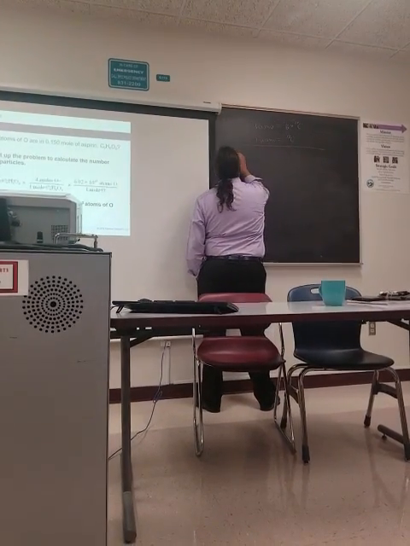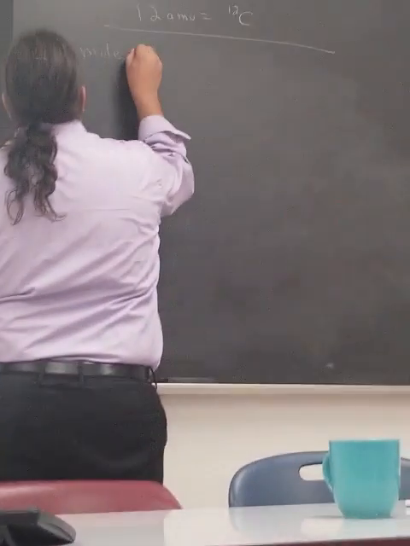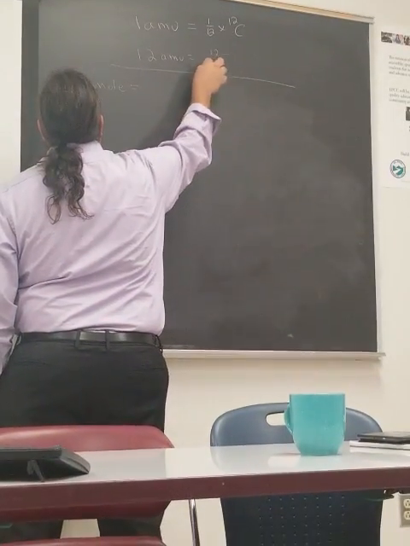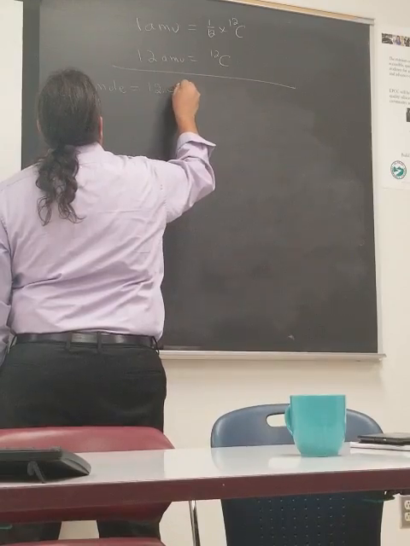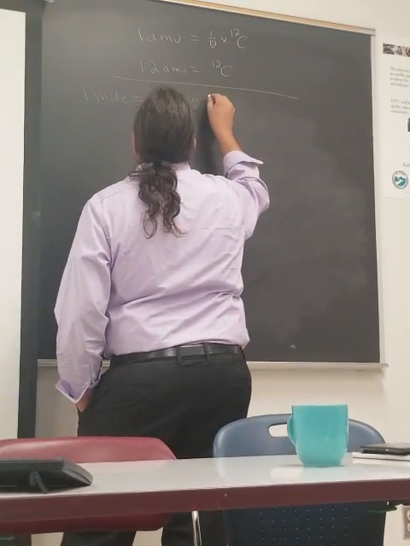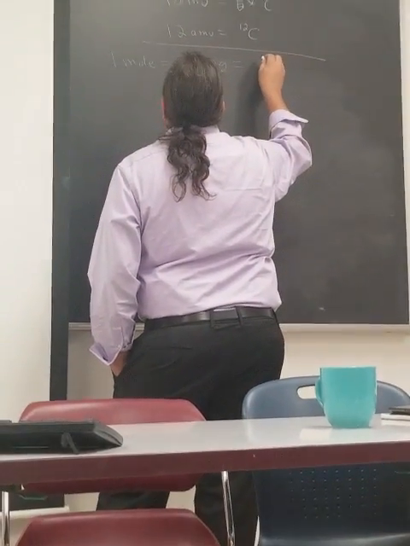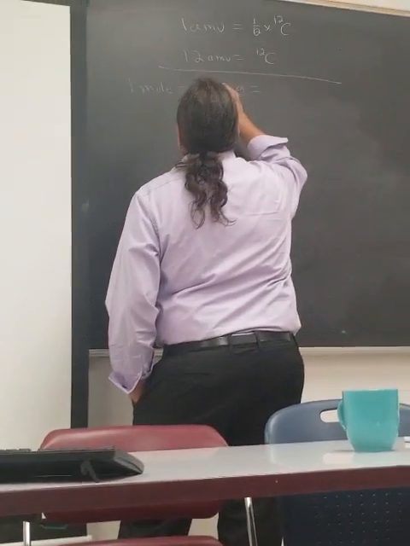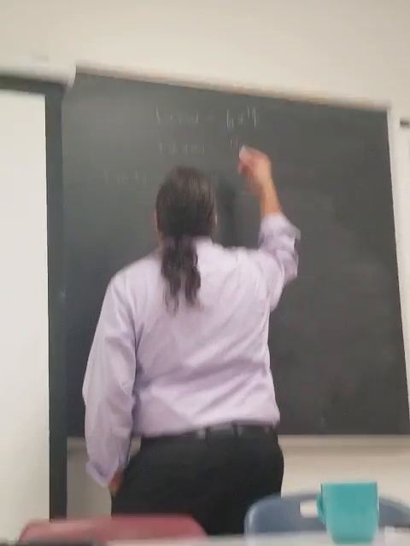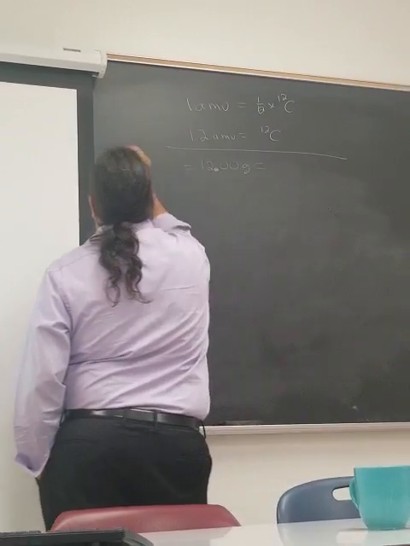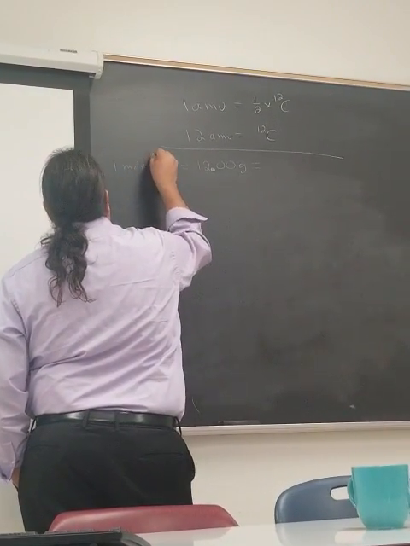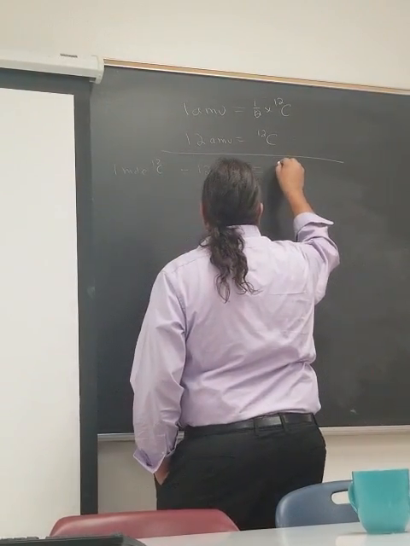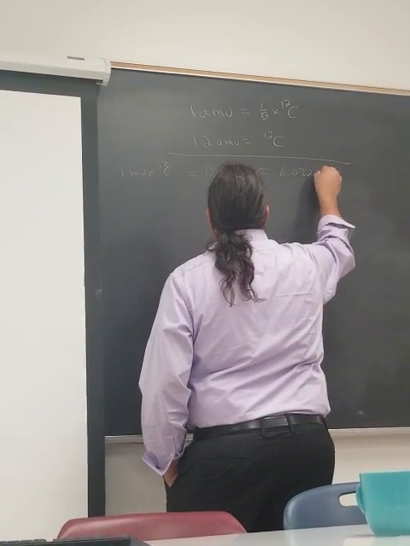And then we defined a mole as the amount of particles of carbon-12 present in 12 grams of carbon-12. And then when those were counted, we got a number.